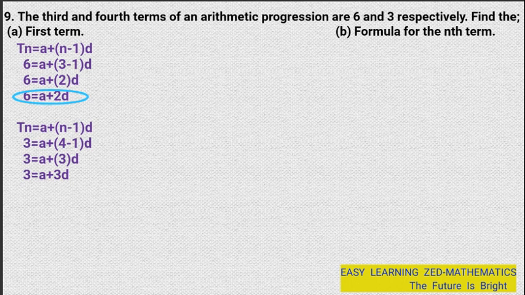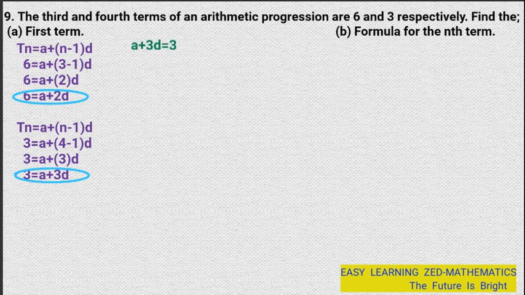Now we are going to solve for a and d using simultaneous equations. So these two equations will be put together. I'm going to move 6 to the right side of the equation and 3 to the right side, so that we have the normal simultaneous equations.